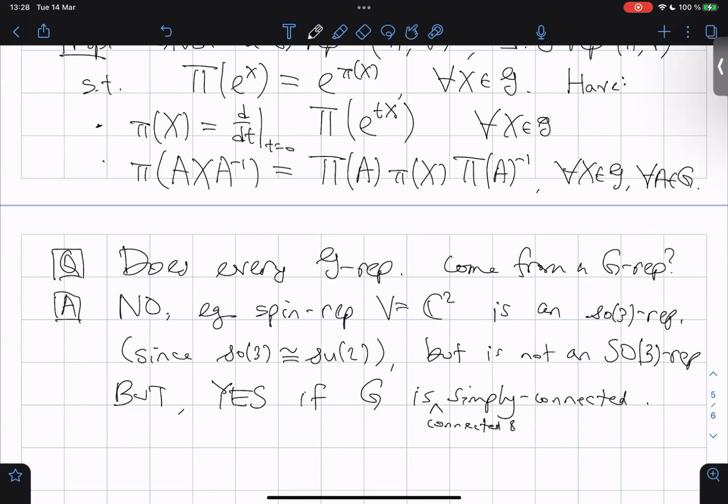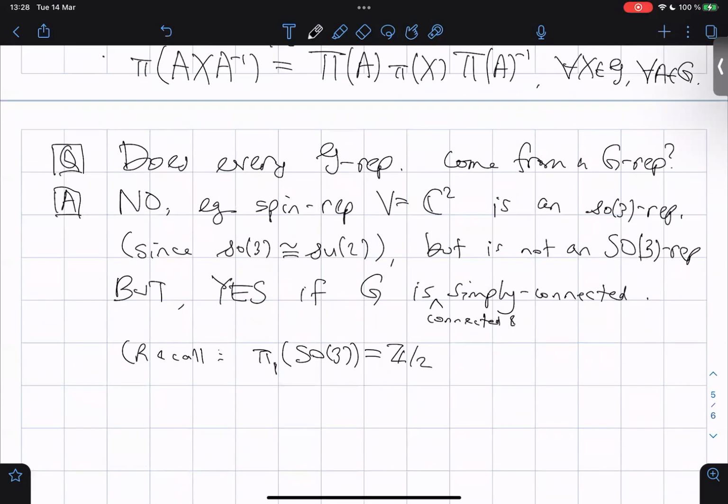So recall, I think he showed you guys the Dirac belt trick business. The fundamental group of SO3 is Z2. That's not simply connected, while SU2 is.